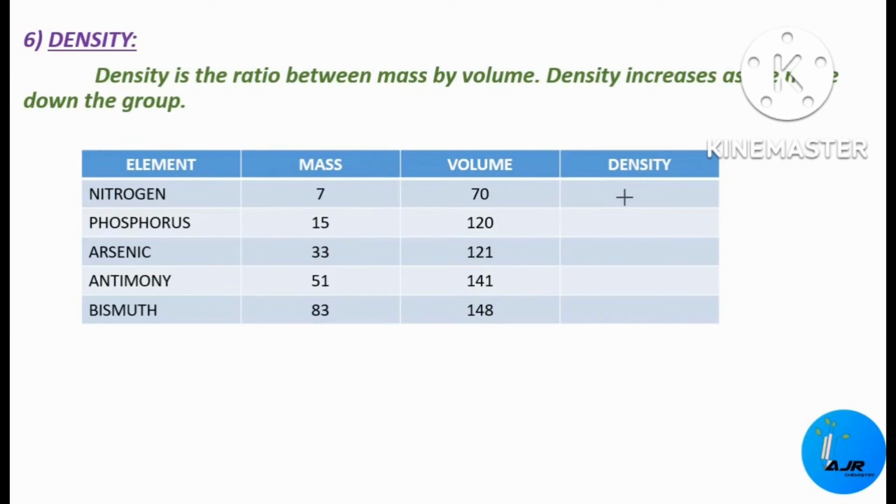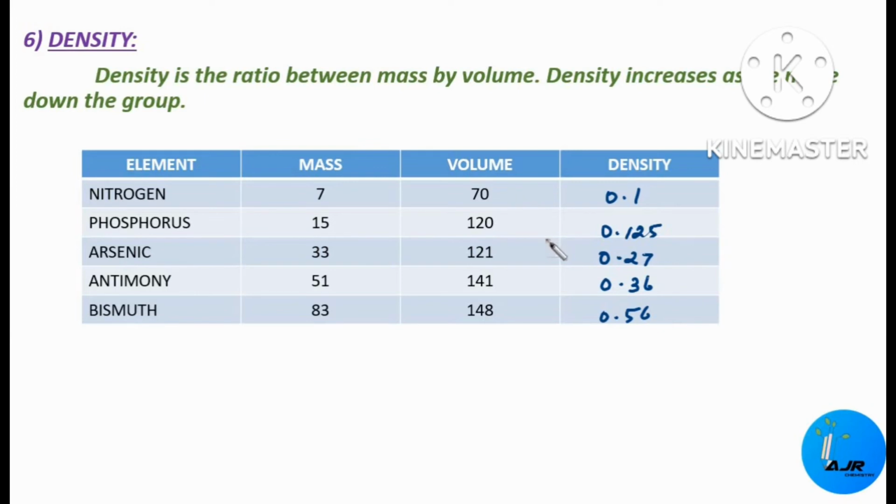The ratio of mass to volume for nitrogen is 0.1. For phosphorus, it is 0.125. For this one, it is 0.27. For this one, it is 0.36. For here, it is 0.56. Now we check the values of density: it is going on increasing as we move down the group.